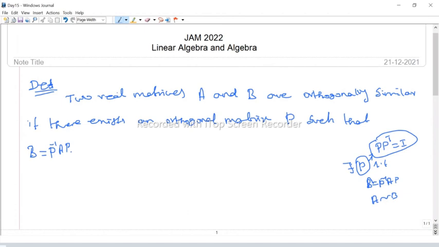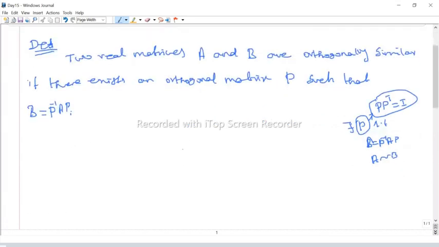Similarly, what do we mean when we say a matrix is orthogonally diagonalizable? Diagonalizable means there is an invertible matrix P such that P inverse A P is a diagonal matrix, but here we get an orthogonal matrix.